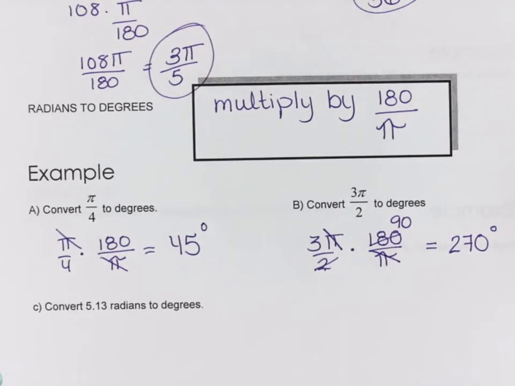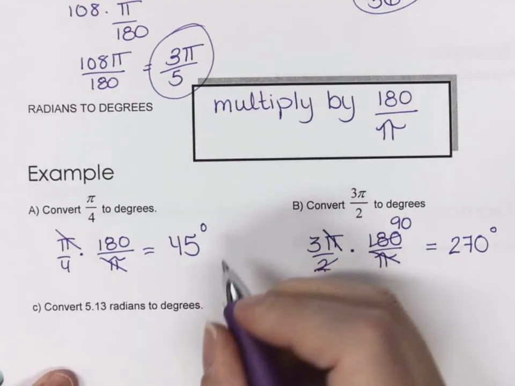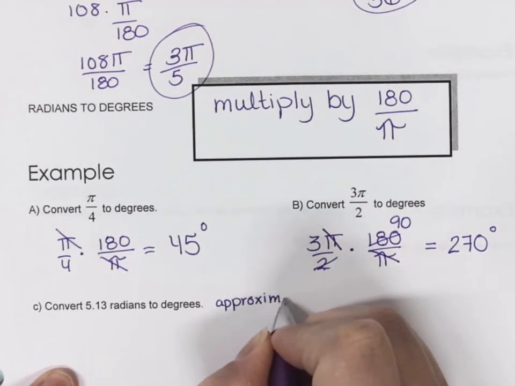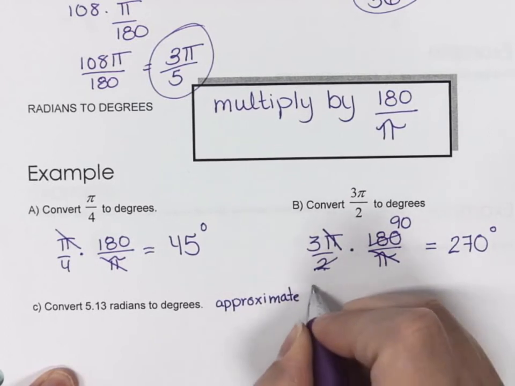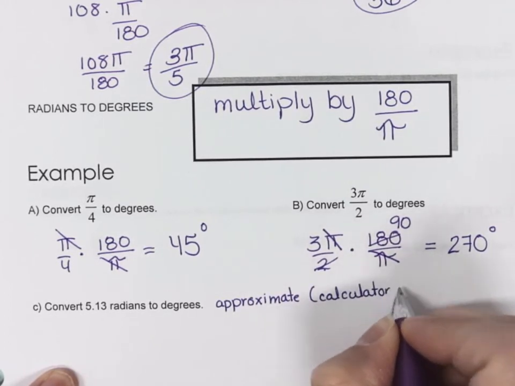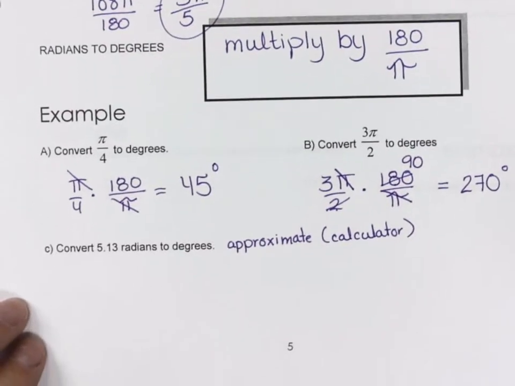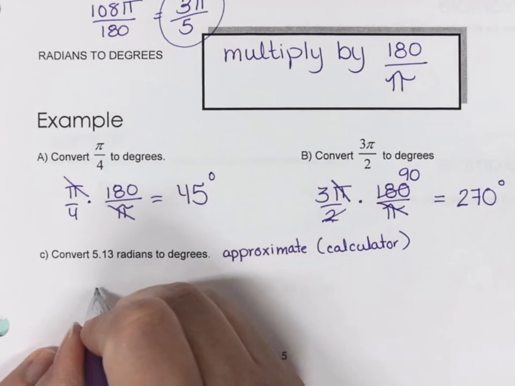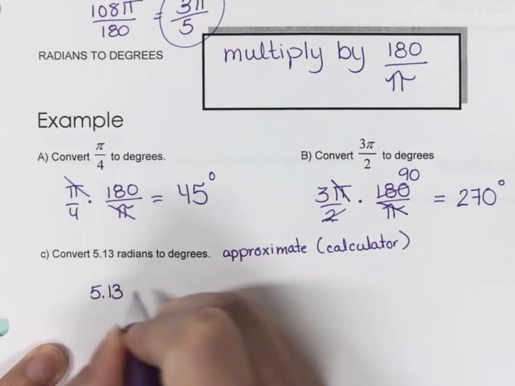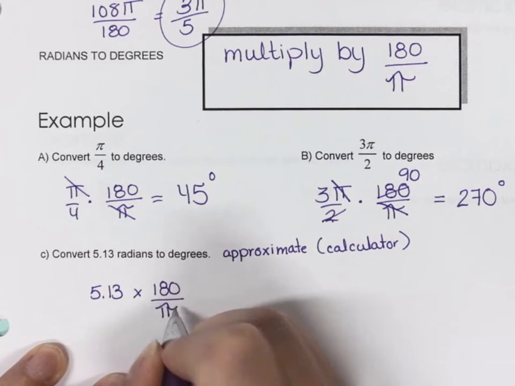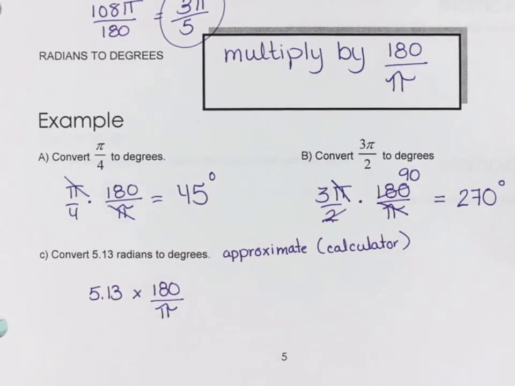Okay, so this one is an approximate one. If you're doing approximates, you need your calculator. You're still going to do the same thing, you're just going to use your calculator for this one. So 1.53 radians times 180 divided by pi.